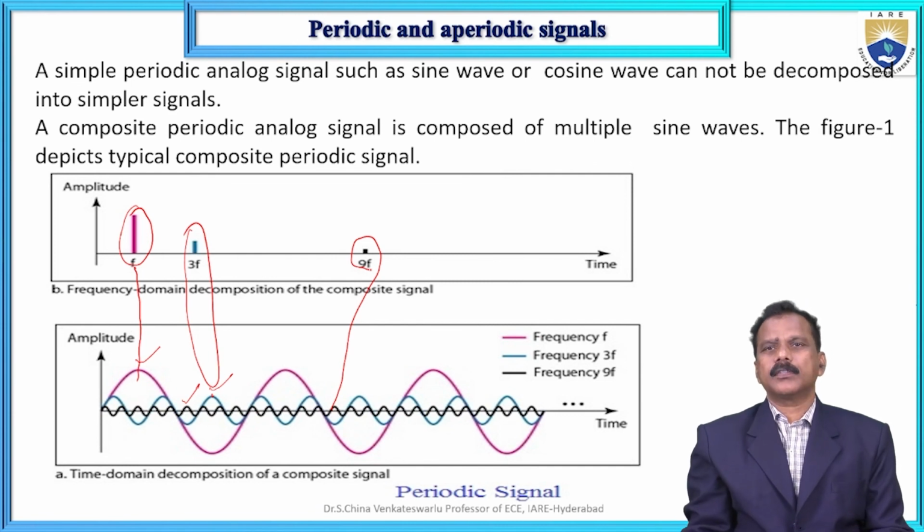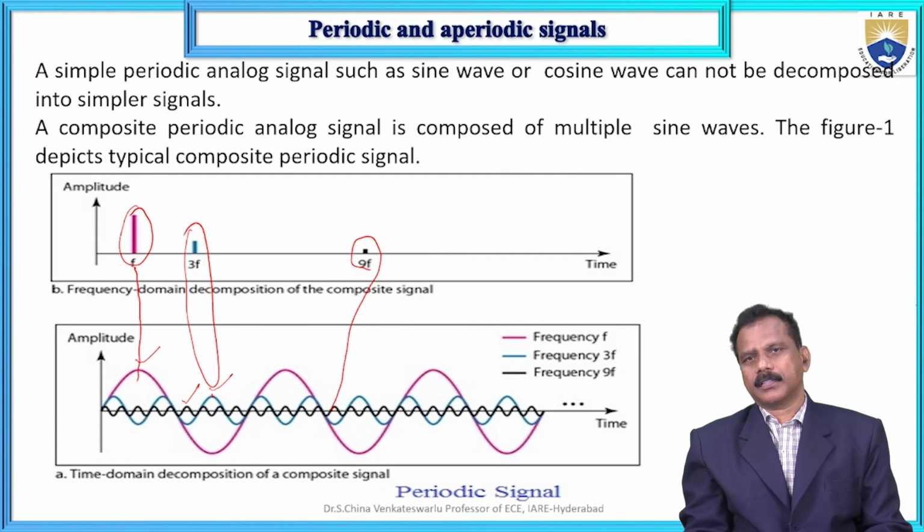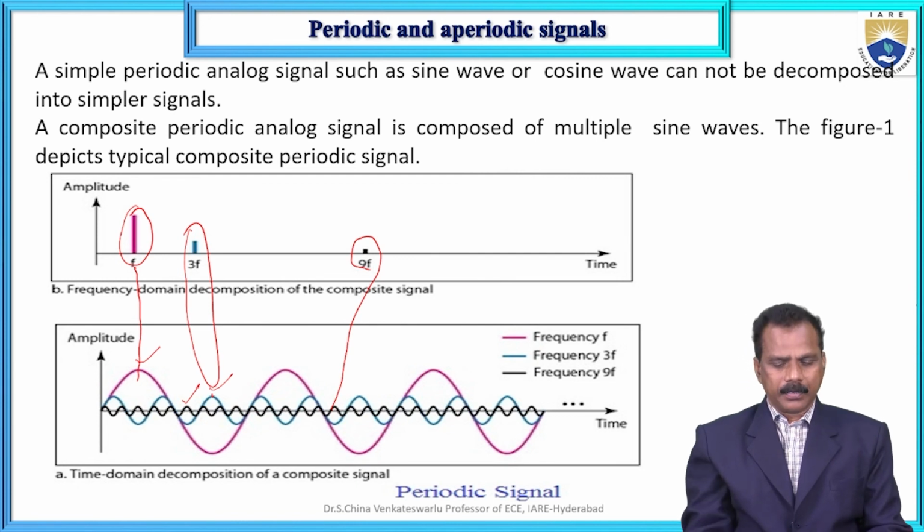So the frequency domain decomposition of the composite signal will appear like this, while the time domain decomposition shows the different frequency variations.